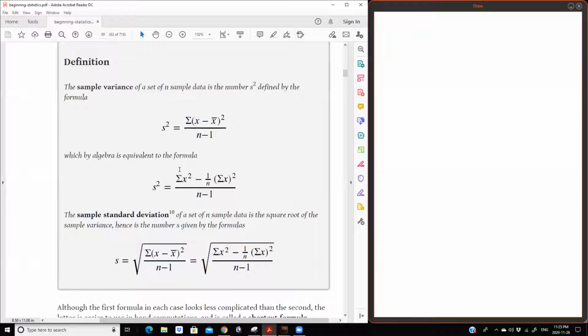And if you take the root of your sample variance, you're going to get your standard deviation. So the root of variance is going to be the standard deviation.